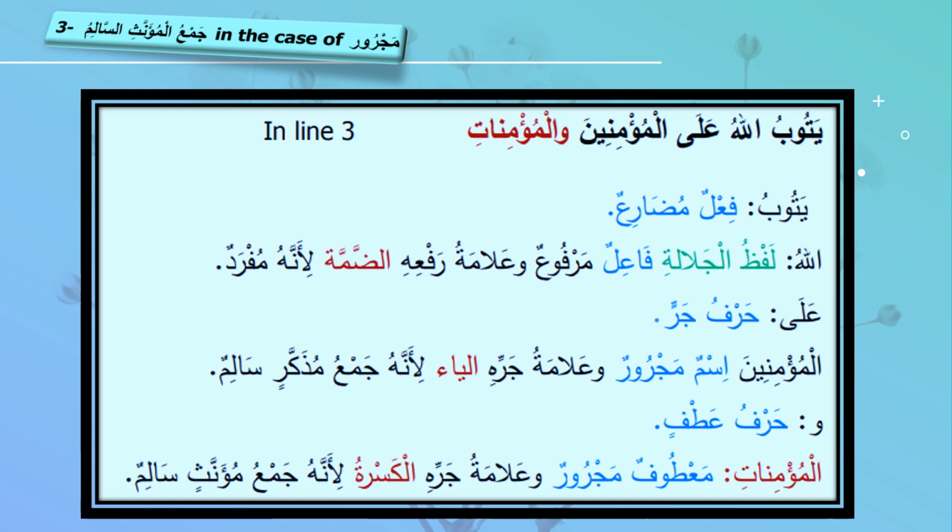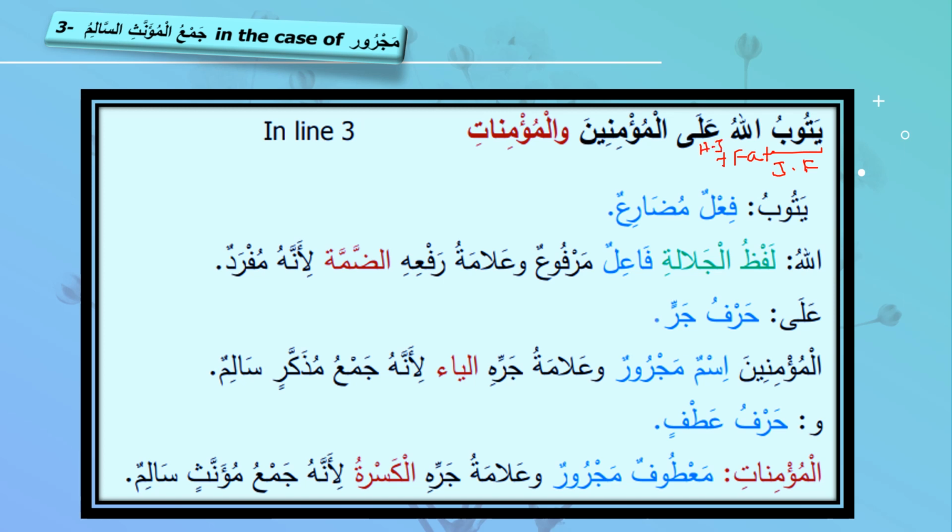These are the examples of majroor case. So let's check. This is also our jumla fi'liya. So the first thing you see is a fi'l. Then comes the fa'il lafzul jalala. Then what after the fa'il? You immediately check for the maf'ul bihi. So in some sentences you may find a harf jar. It's okay, it may come. So you simply have to do your Arab as a harf jar here in between.